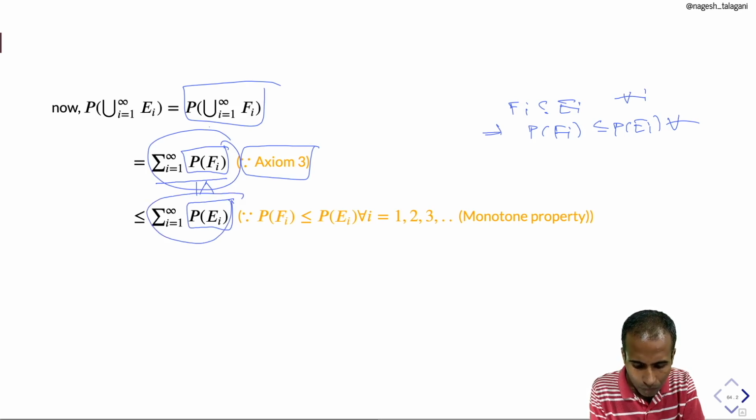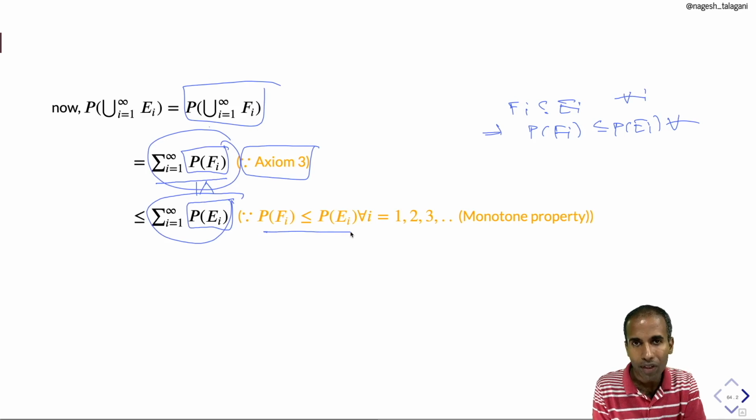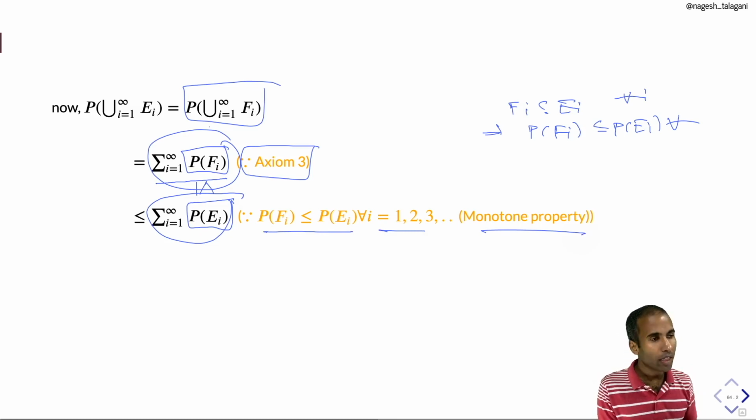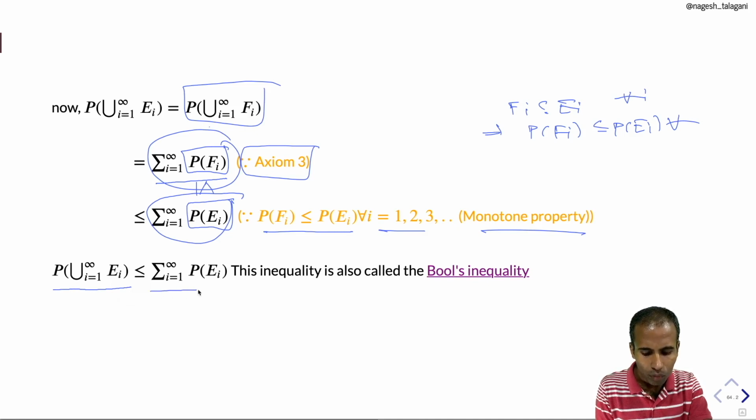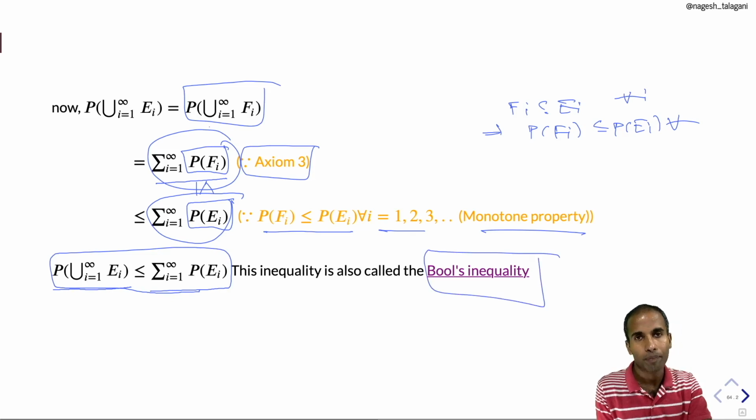Okay. So therefore, we have this countable subadditivity. The probability of the union i equal to 1 to infinity Ei is less than or equal to summation i equal to 1 to infinity probability of Ei. This is the countable subadditivity. This inequality is also called Boole's inequality.